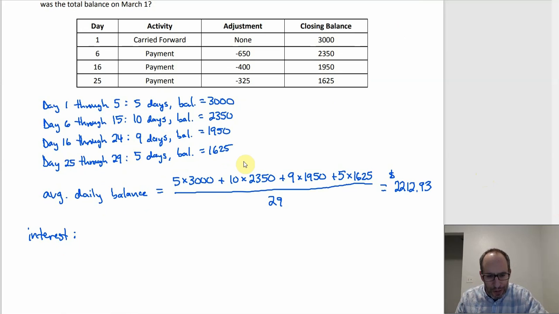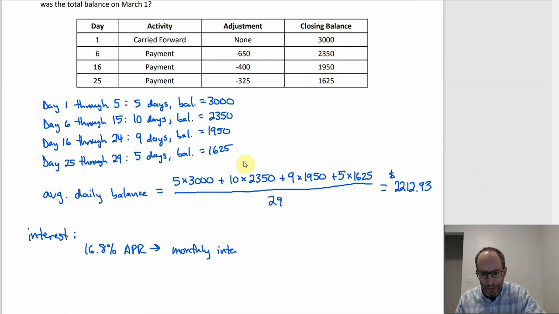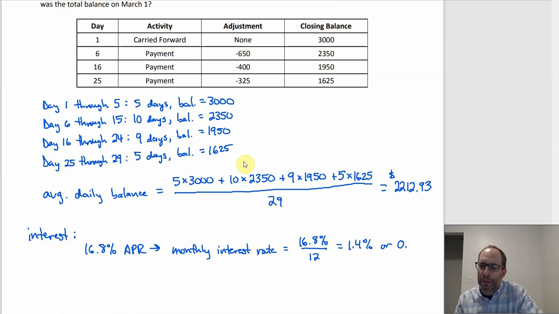Okay, so 16.8% APR would mean that the monthly interest rate would be 16.8% divided by 12, which is 1.4% or 0.014. And then we can actually do the computation.